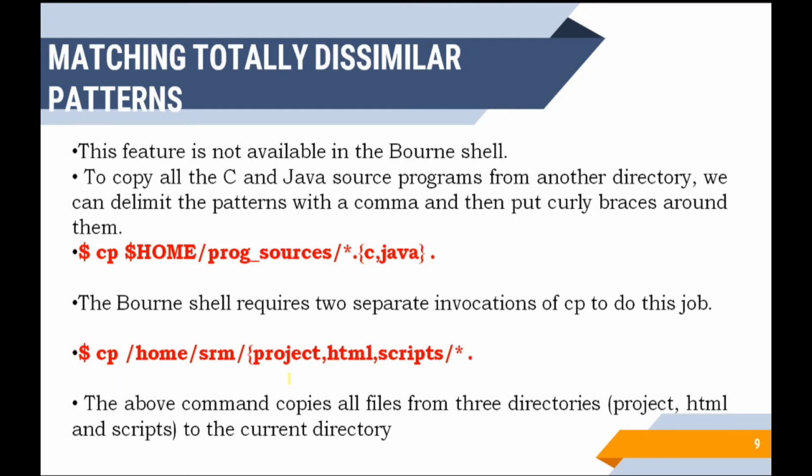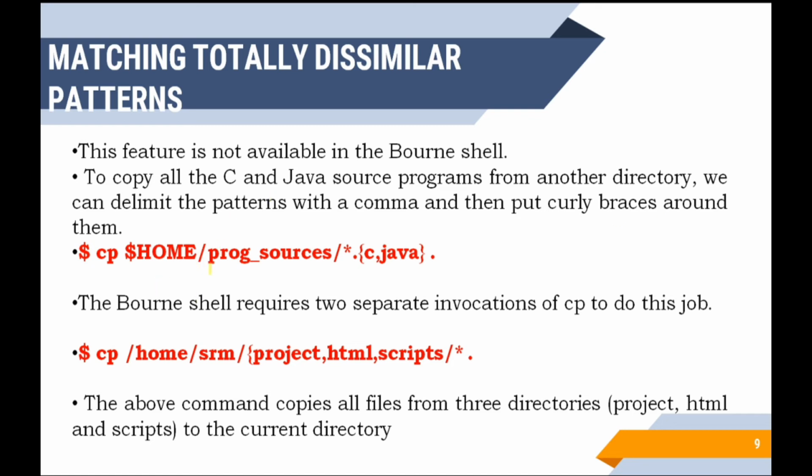Okay, then matching totally dissimilar patterns. This feature is actually not available in the Bourne shell, the curly braces we have seen, that is to copy all the C and Java source programs from another directory. We can delimit the pattern with a comma and then put curly braces around them.